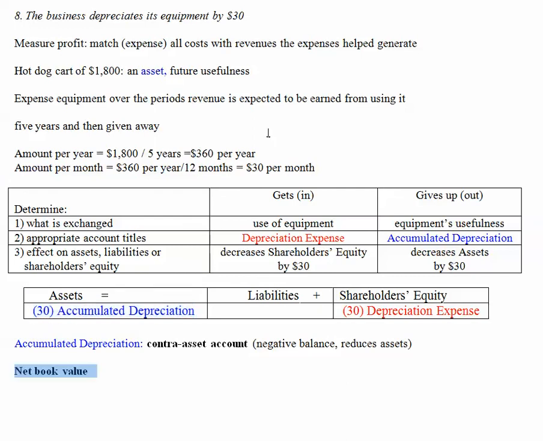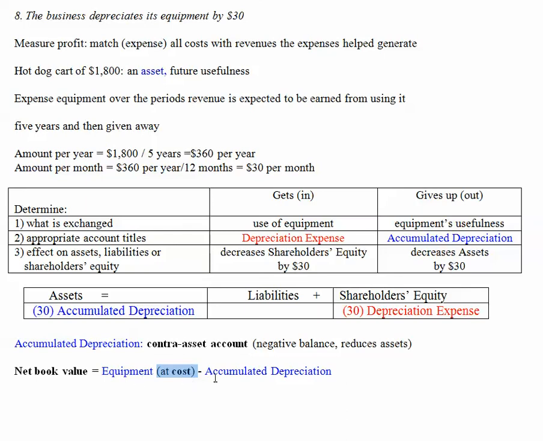Now, as far as what's being recorded now, what's going to be on our financial statements is the book value, the net book value. And what that equals is your equipment account, which has the $1,800, minus the accumulated depreciation. Again, the equipment is at its original cost. We never touch that account because it's valuable information to know what the equipment cost originally.